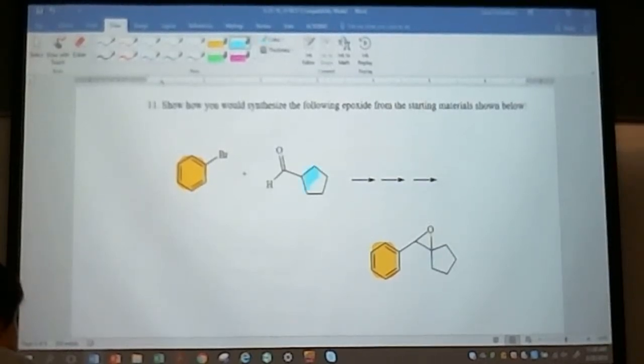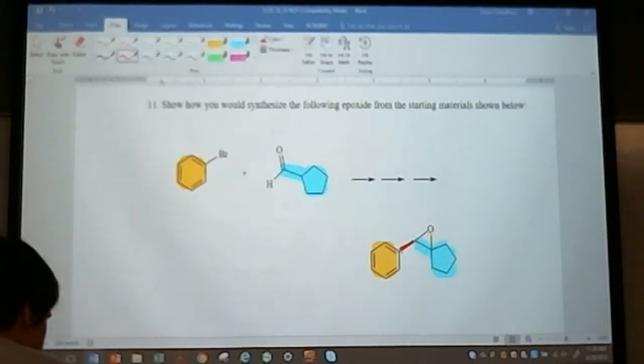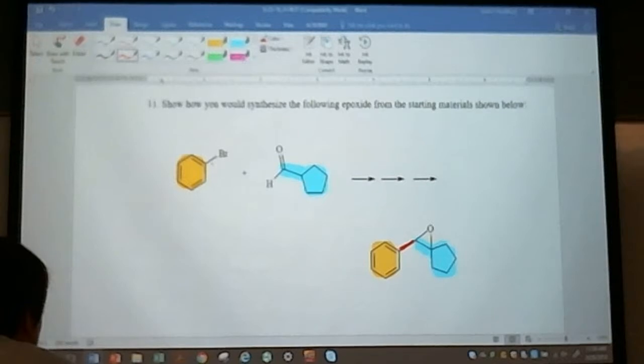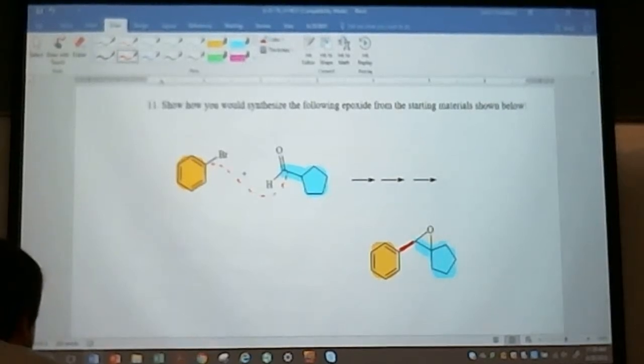Clearly here there's this cyclopentane that is connected to at least a carbon. And here's a cyclopentane that is connected to at least a carbon. So, without question, somewhere in this synthesis, I'm going to need to make this bond. I'm going to need to somehow connect these two together. Okay?